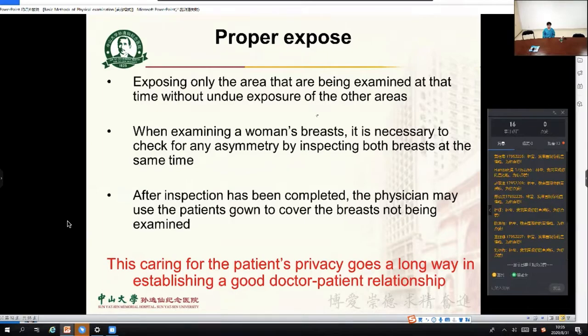After inspection has been completed, the physician may use the patient's gown to cover the breast not being examined. The care for the patient's privacy goes a long way in establishing a good doctor-patient relationship. So this is what we need to pay attention to.